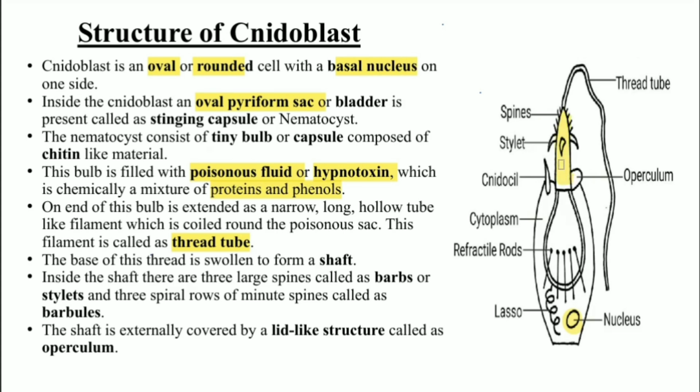This shaft contains barbs and barbules. These spines, which are large, are called barbs or stylets, and these smaller spines are called as barbules, and this structure is covered by operculum.